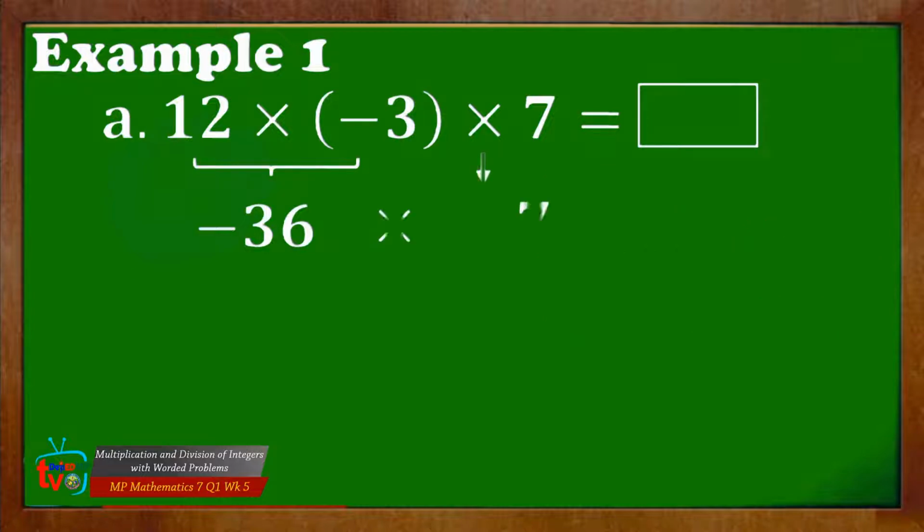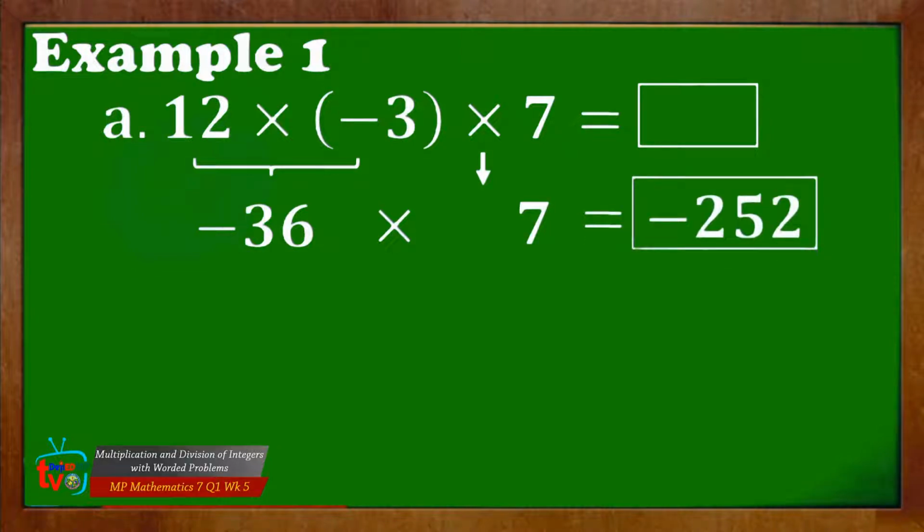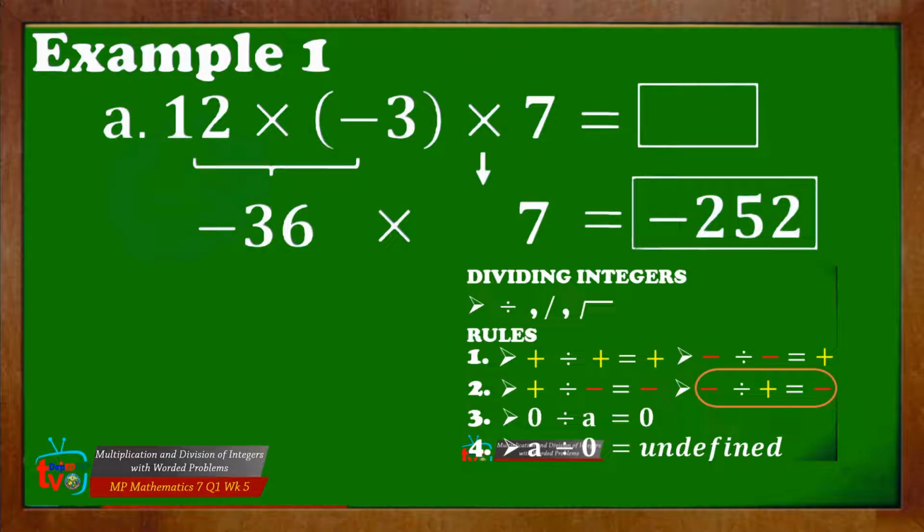Next, copy times and 7. Multiply now negative 36 and 7, resulting to negative 252. Why negative? Again, multiplying different signs is always negative.